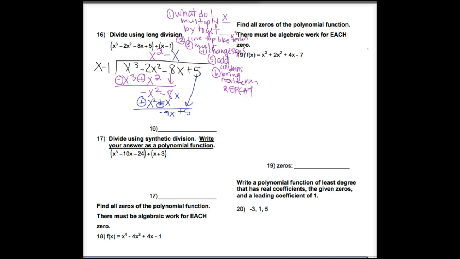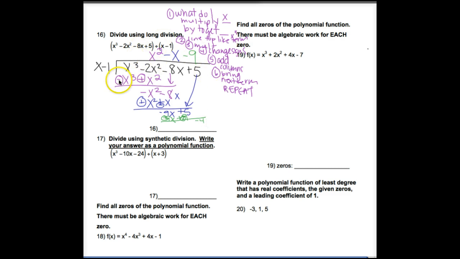Repeat again. What do I multiply x by to get -9x? -9. So multiply -9 times x is -9x. -9 times -1 is +9. So now change the signs. Add the column that gives me -4.